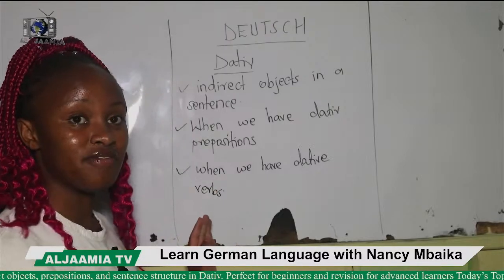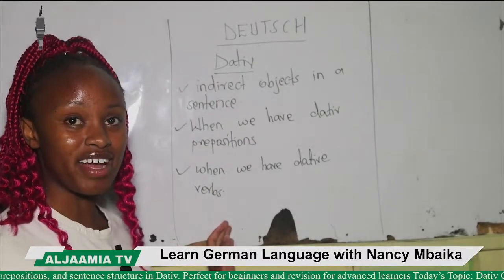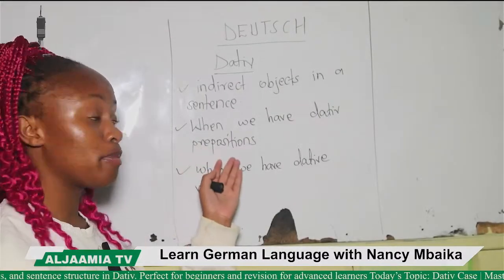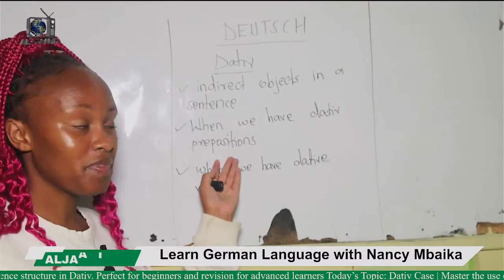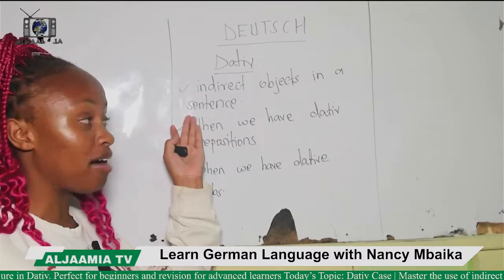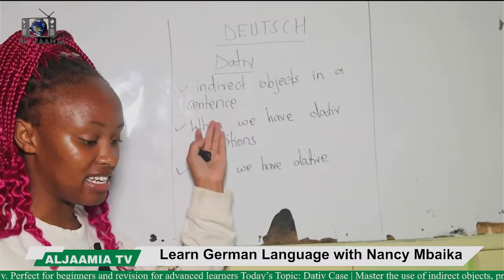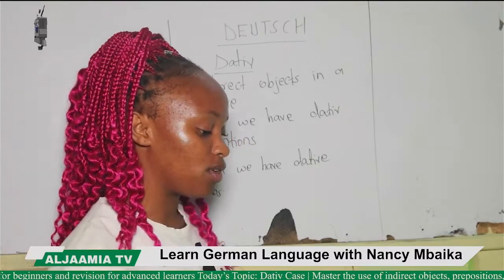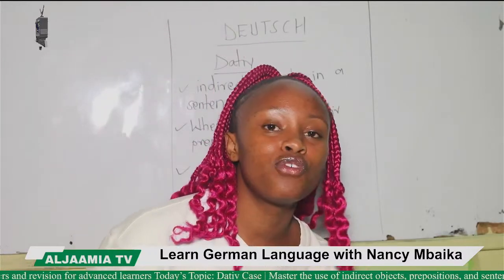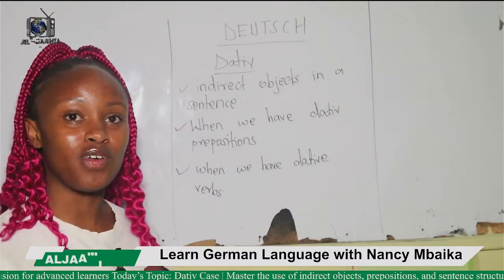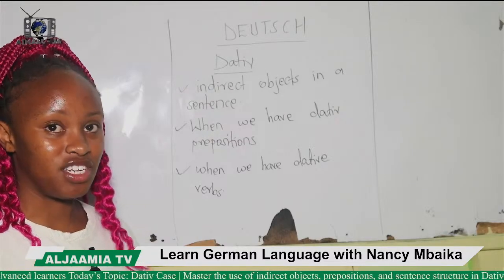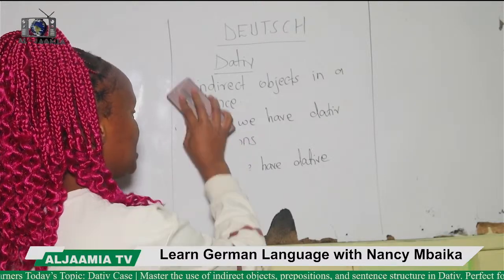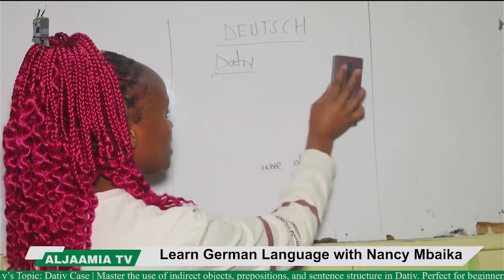So for these dative verbs, I would like you to really memorize them. Also the dative prepositions, you should memorize them. Okay, so let us look deeply at the indirect objects in a sentence. That is what I want us to tackle first right now. But before we go into that, I want us to look at the dative articles. Let's now dive into dative articles.